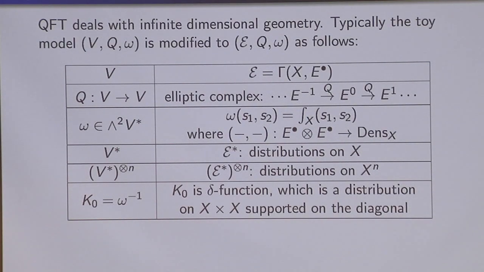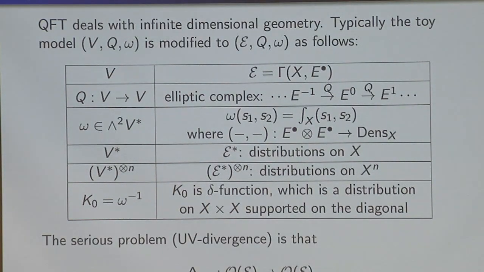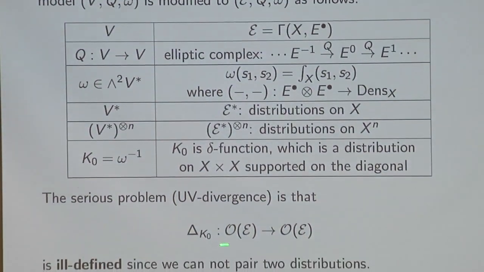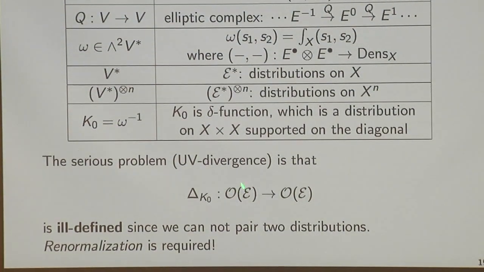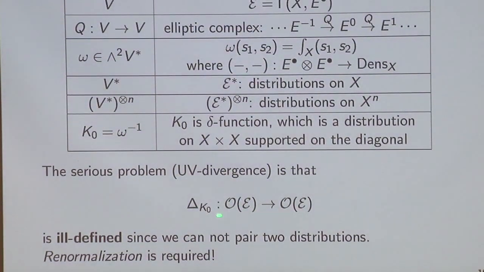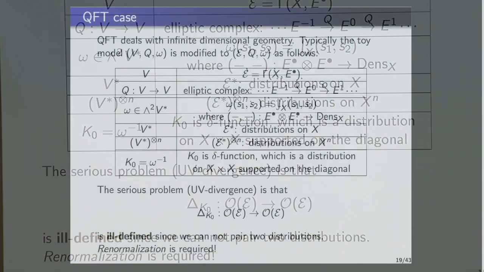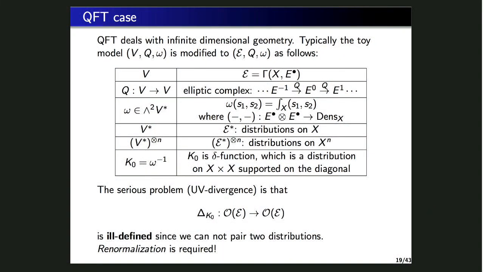But this is actually the trouble, because when we perform the construction we just described for the toy finite dimensional model, this operator is not defined. The way we define this operator is by pairing this kernel with functionals from here. But this is a distribution, and this is also a distribution, and you cannot pair distributions. So this is ill-defined. And this is a famous problem in quantum field theory, which is called the UV divergence.